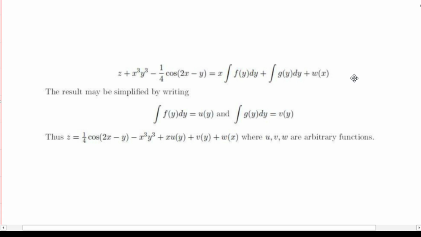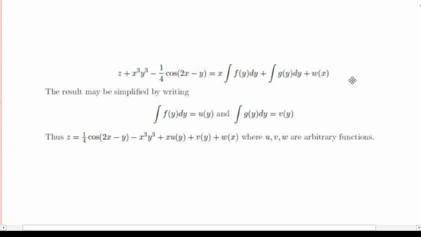Okay, so now we have to simplify this result. So finally let us put the integral of f of y dy as u of y, since we are expecting some function of y, and the integral of g of y dy as v of y.